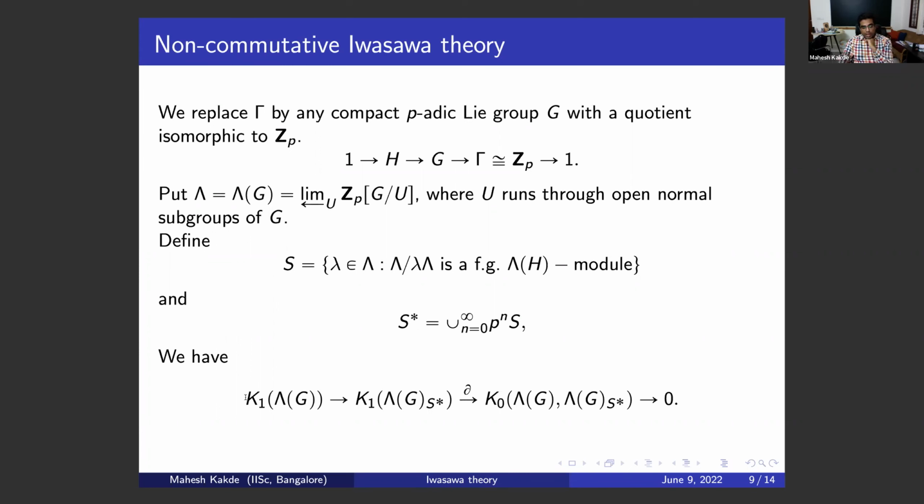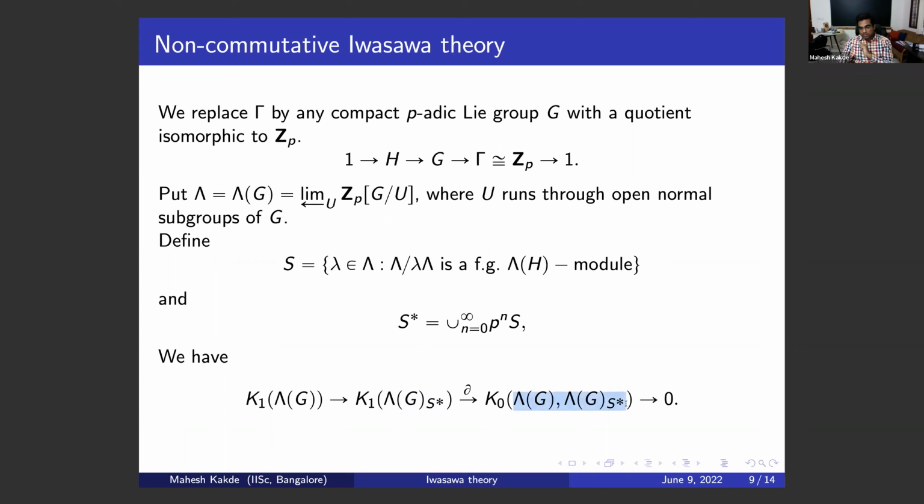Okay, so we still have this exact sequence from K theory. K1 of lambda G, and we have this localization. As I said, this localization is defined as you would in a commutative ring, and even though it's non-commutative, S satisfies enough compatibility so that it is all well defined.